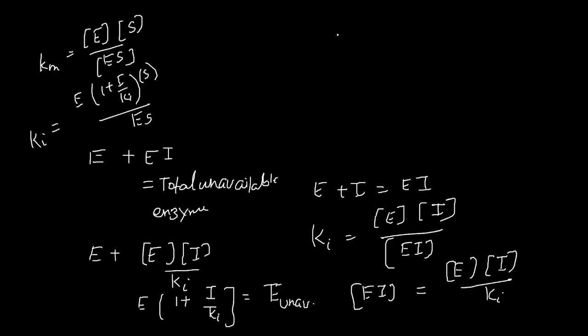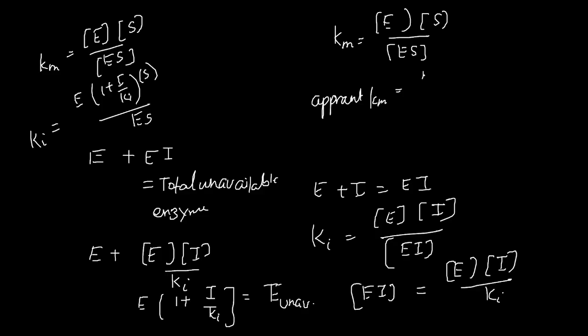So you already know Km is Es by Es, and this is your apparent Km in the presence of inhibitor. It is going to be E times 1 plus I upon Ki, S by Es. So if you divide both of them, you will get apparent Km.